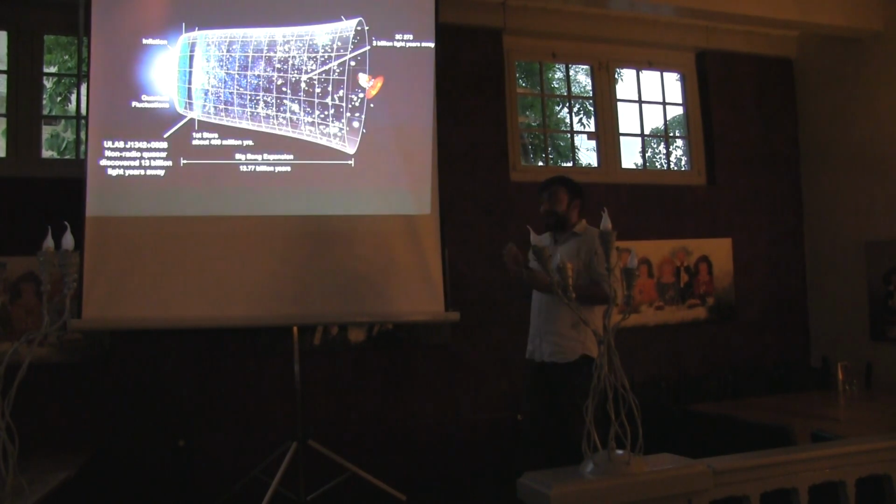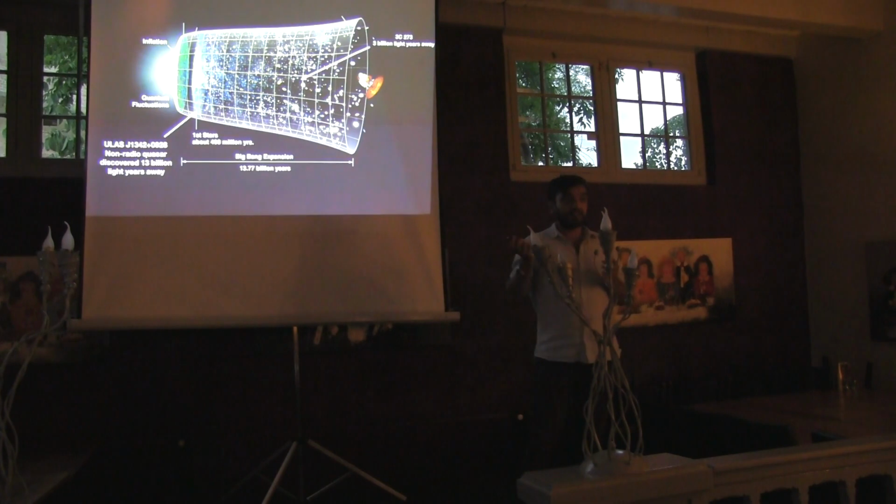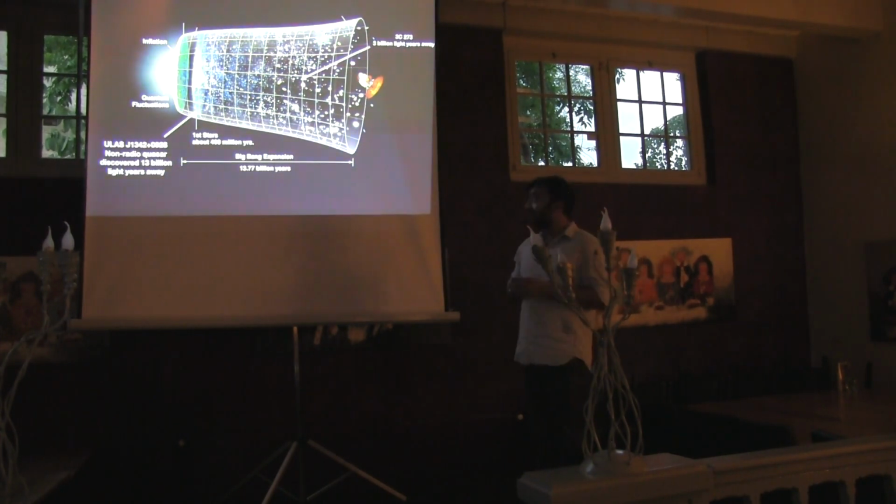So now, just over the last couple of years, a quasar was discovered 13 billion light years away. So to compare that with the 3 billion light years away that 3C273 was, we're really, really pushing the edge of the universe to try and detect these really far away objects.